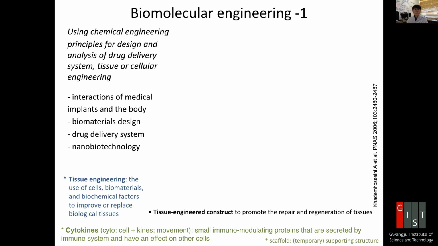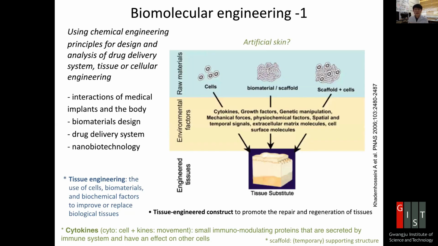So I'm going to introduce a discipline called tissue engineering, which is related to biomolecular engineering. The use of cells and biomaterials and biochemical factors to improve or replace biological tissue is called tissue engineering. Let's think about an example. For example, artificial skin.